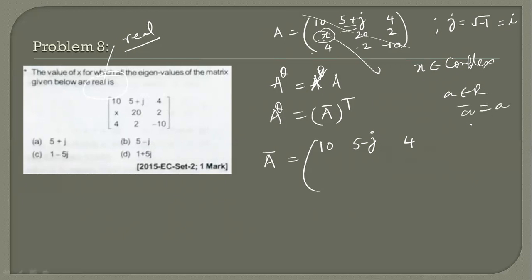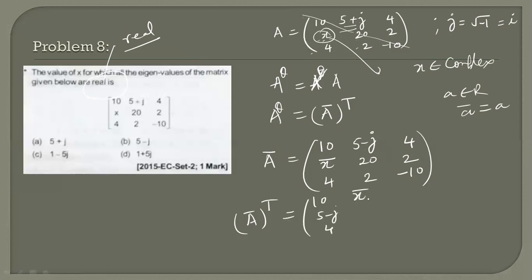But if a is not a real number, it is a complex number, then it will be represented by x conjugate. The 22 and other entries are real, so no effect of conjugate. But we don't know about x, so we will write x conjugate. Now take the transpose. It will be 10, 5 minus j, 4; x conjugate, 22, 4; 2, minus 10. And this is your A transpose conjugate.